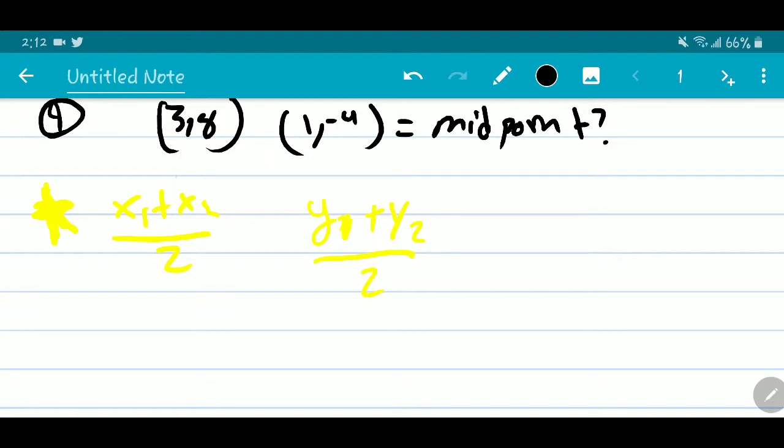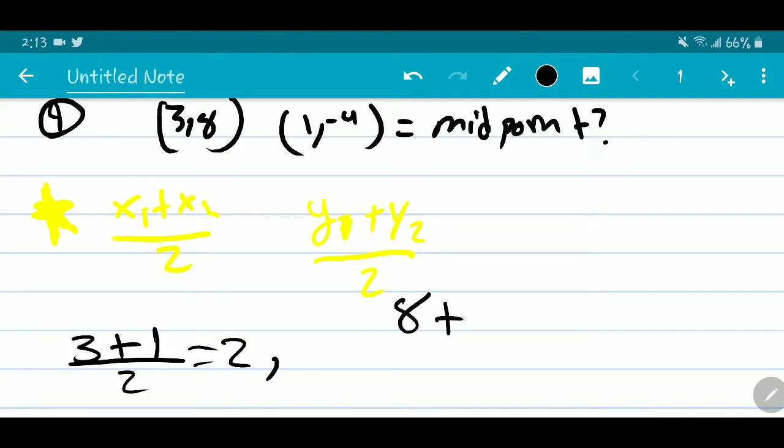So let's get to it. Alright, so we'll make 3 our x1, so 3 plus 1, so that is plus 1 divided by 2, which equals 2, comma our y, so our y1 is 8, so 8 plus our y2, -4, divided by 2, which gives us, so 8 plus -4 is 4, divided by 2 is 2.